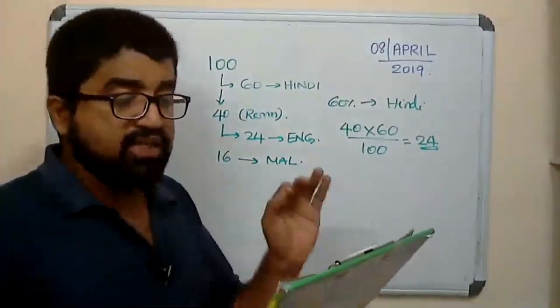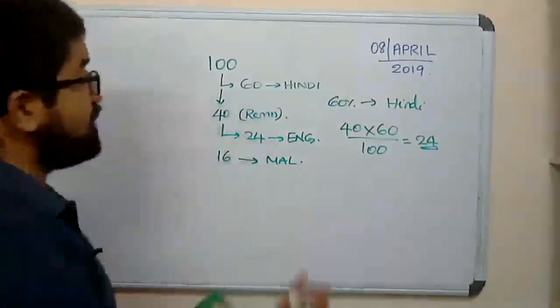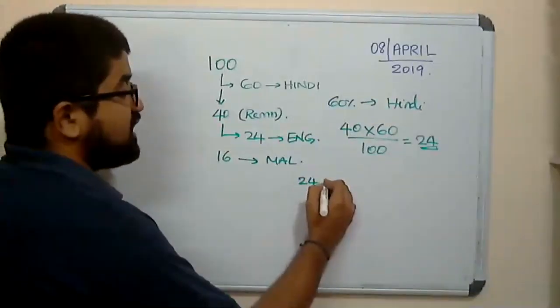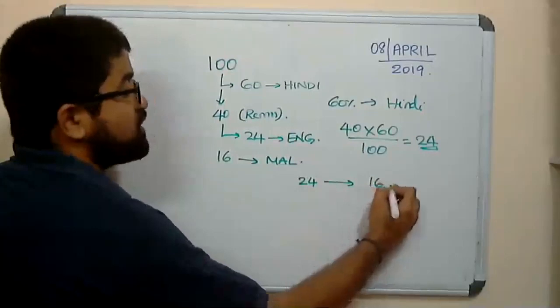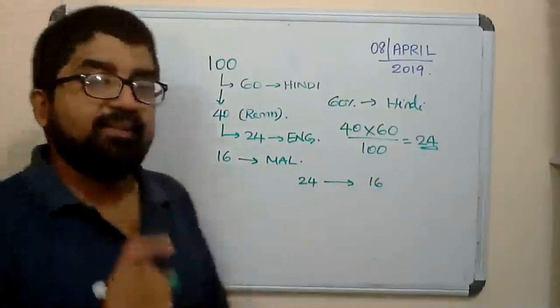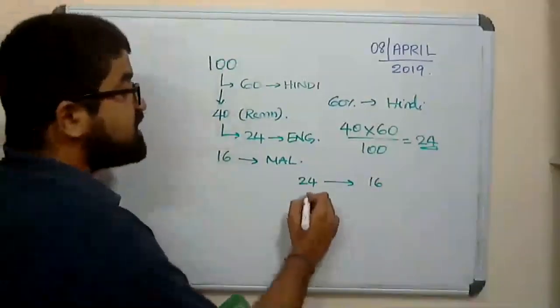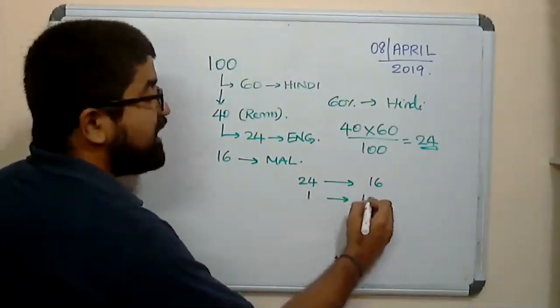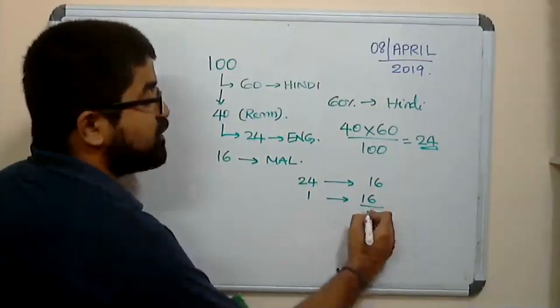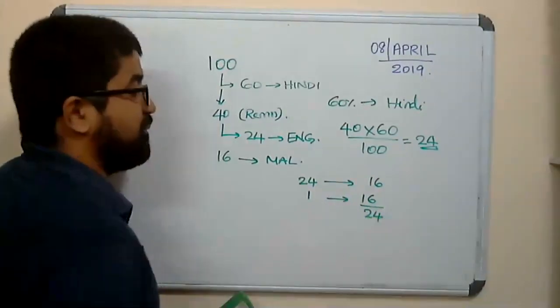Now, if 24 books correspond to English, then 16 books correspond to Malayalam. So if you consider that there is only one English book, then the number of Malayalam books proportionately will come to 16 upon 24.